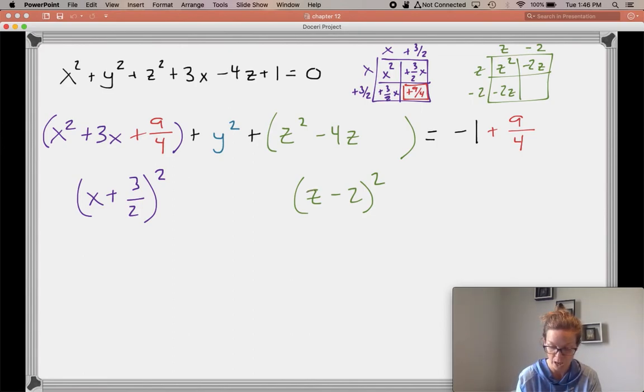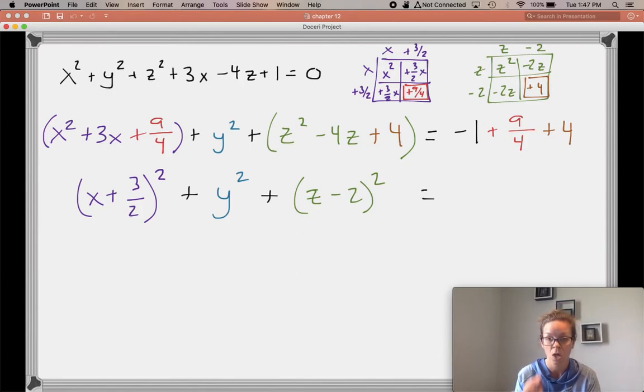But in doing that, another number shows up here. -2 times -2 gives me +4. +4 completes that square, tipping the scale, so I need to add that 4 to the other side as well. Then the y, it didn't need to be completed because it was only the quadratic part there.